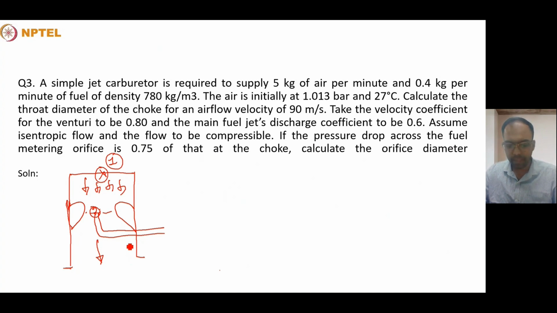So in this model, the mass flow rate of air is 5 kg per minute.